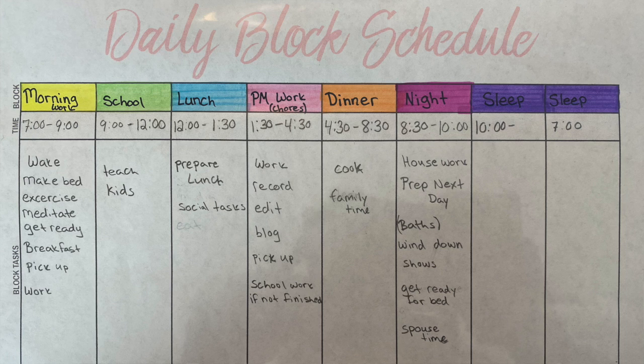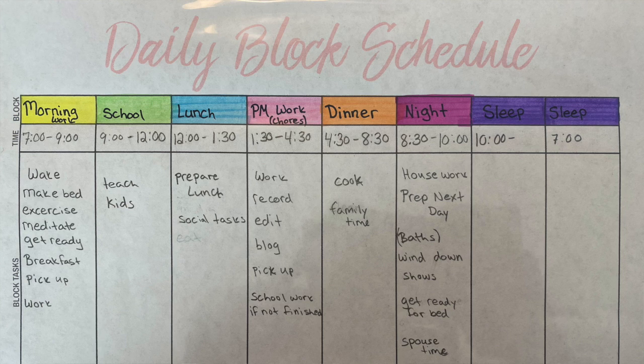Okay. Then the second block is from 9 a.m. to noon, and that is our school block. That means that I am focused on teaching the kids from 9 to noon. And that is what we do. Nothing but schoolwork. And then my third block is from noon to 1:30.